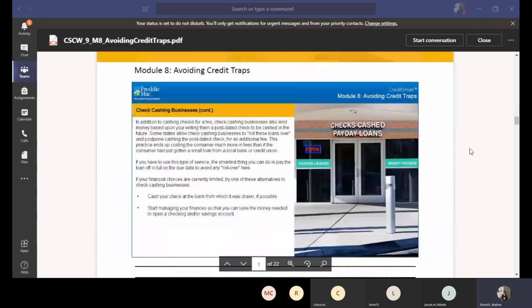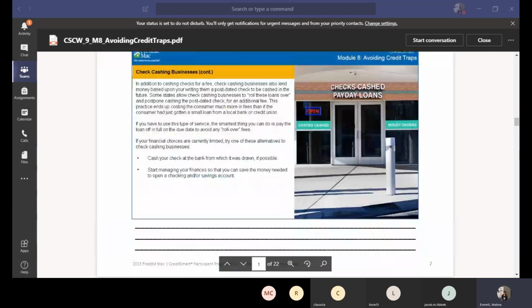Continuing with check cashing business. Yeah, so some of these states allow check cashing businesses to roll these loans over.